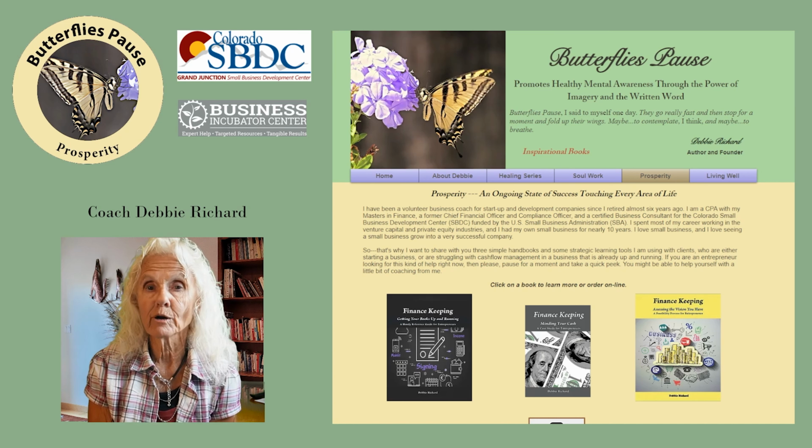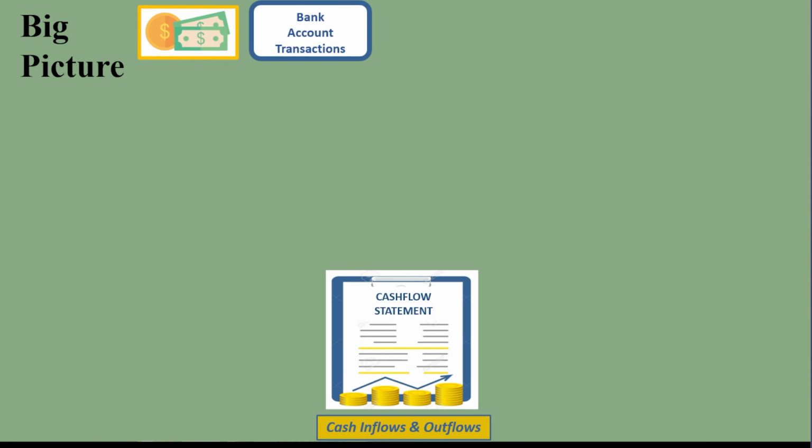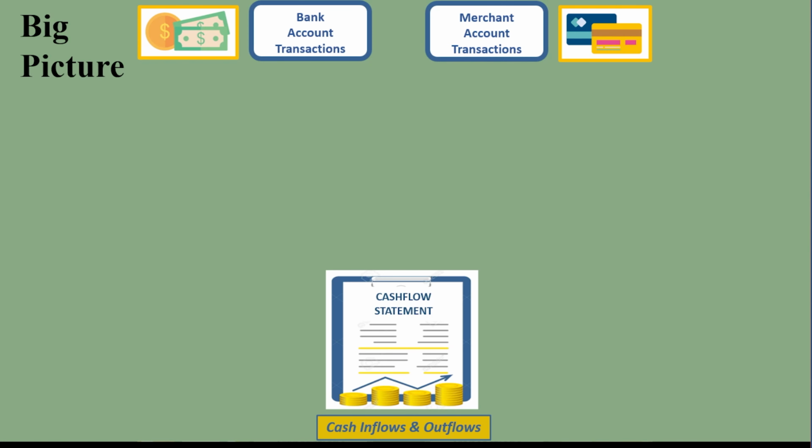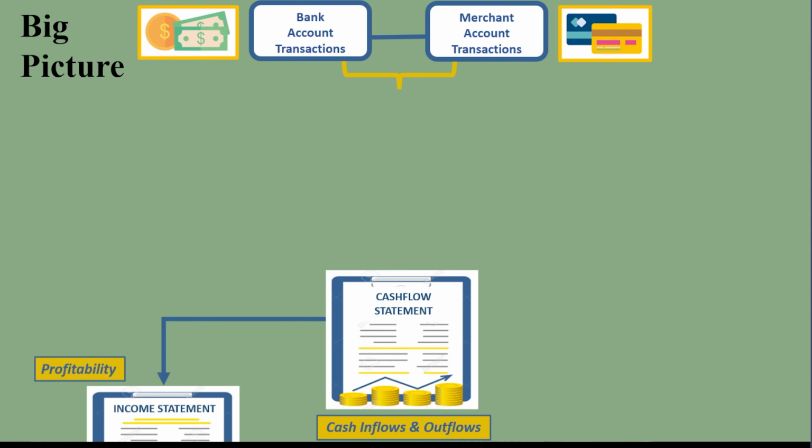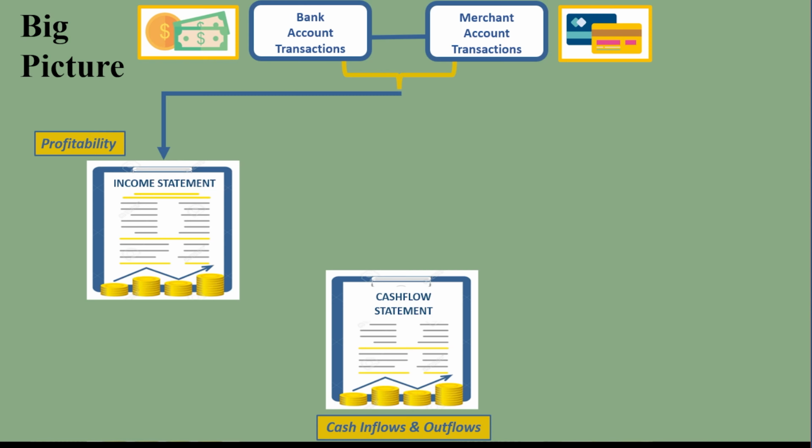Big picture, let's take a look at how cash flows in and out of the cash flow statement one more time. Cash flows in and out of your bank accounts. Cash also flows in and out of your merchant accounts. These transactions are based on credit cards attached to the merchant accounts. Collectively, this information feeds the income statement or the statement of profit and loss, which represents the profitability in a company.